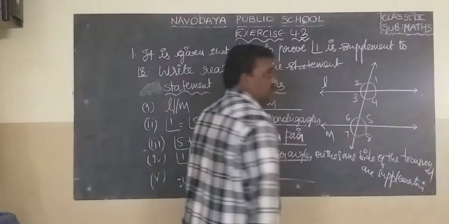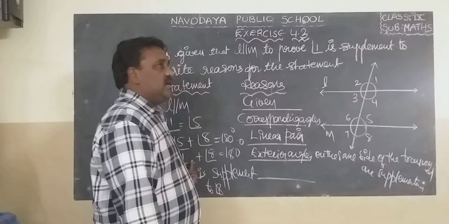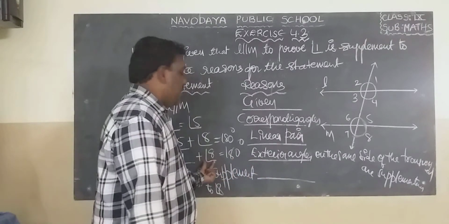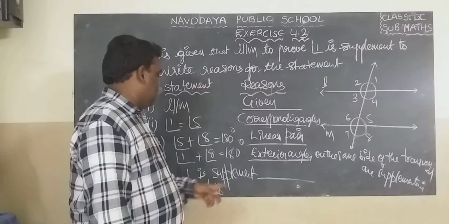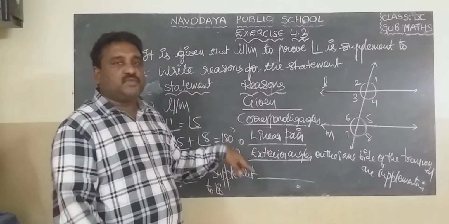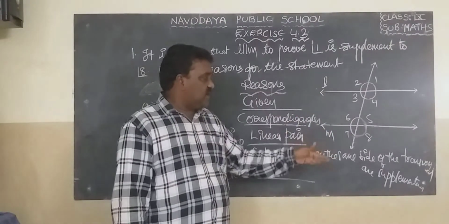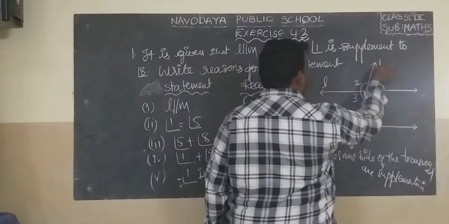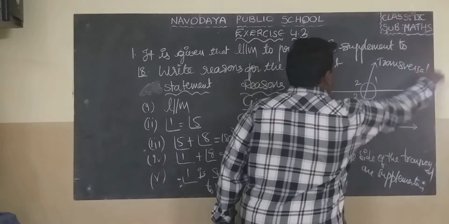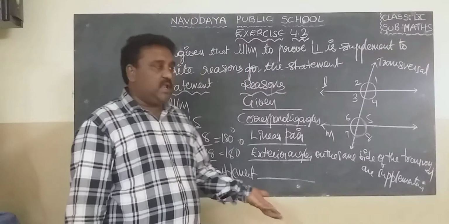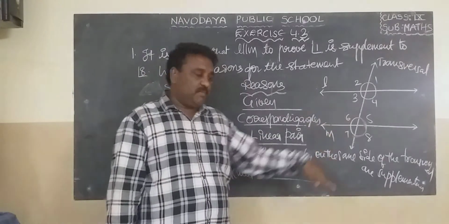Angle 1 is an exterior angle, angle 8 is an exterior angle, they lie on the same side of the transversal. Their sum is 180. Why is it 180? Exterior angles on the same side of the transversal. You know, this line is known as the transversal. You know it already. So, exterior angles on the same side of the transversal are supplementary.